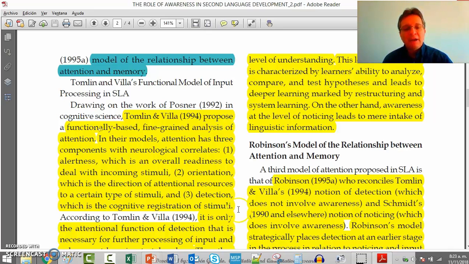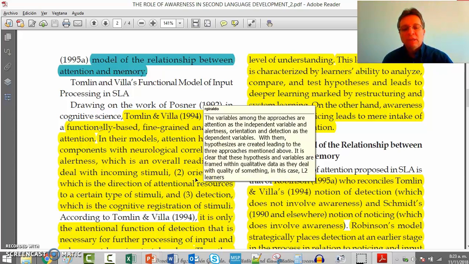Okay, here I have a note. This is one of the ways I can determine how the qualitative research is used here. The variables among the approaches are attention as the independent variable and alertness, orientation, and detection as dependent variables. In other words, while the independent variable here is attention, the dependent variables are alertness, orientation, and detection.